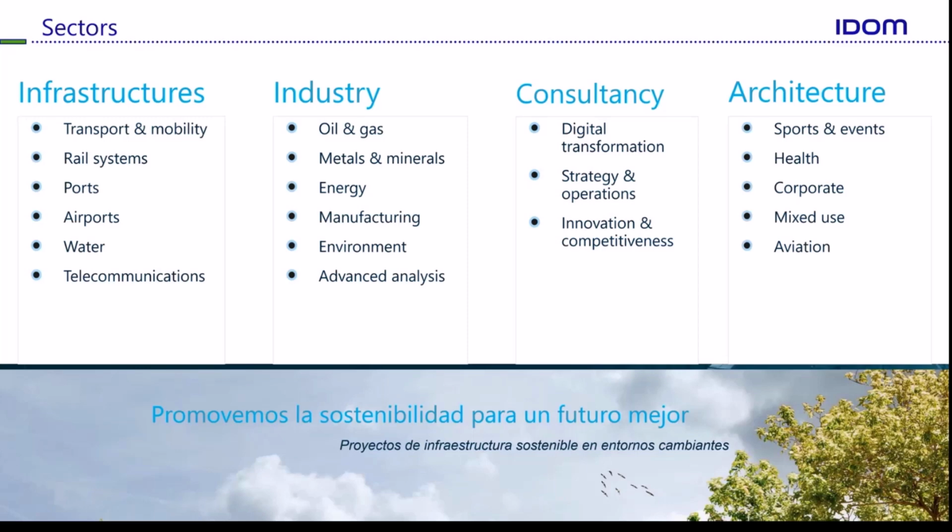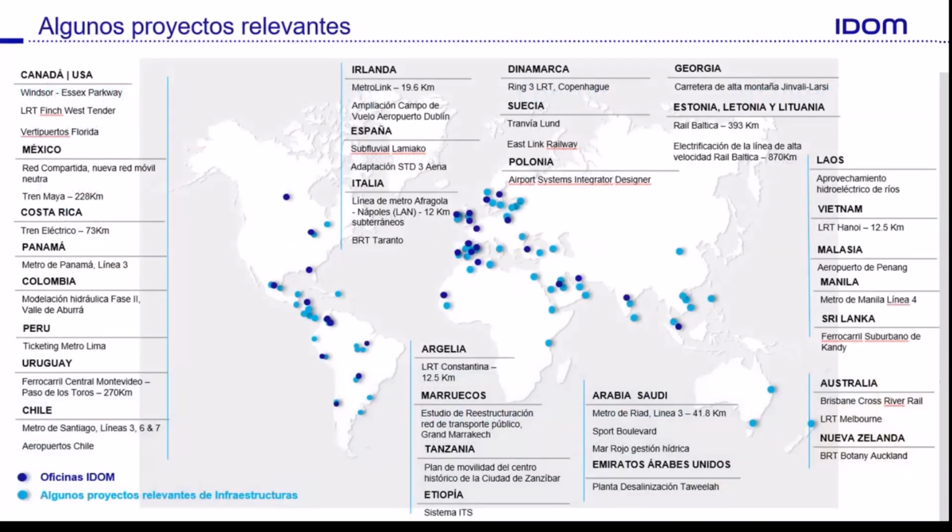Next slide. I would like to show you in this slide some important projects within the infrastructure area, which is my specialty. You can have a quick look and see we have important projects worldwide. For example, in America, several projects. One of the most important would be the Maya train.